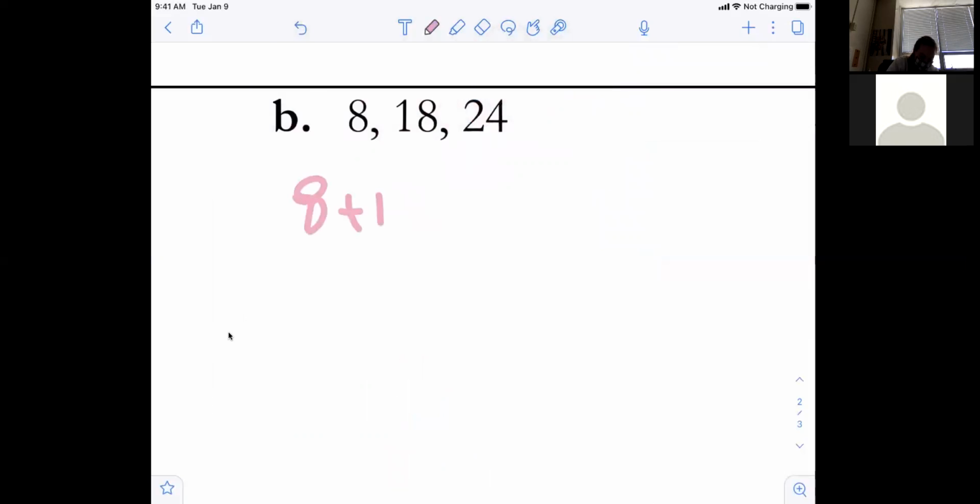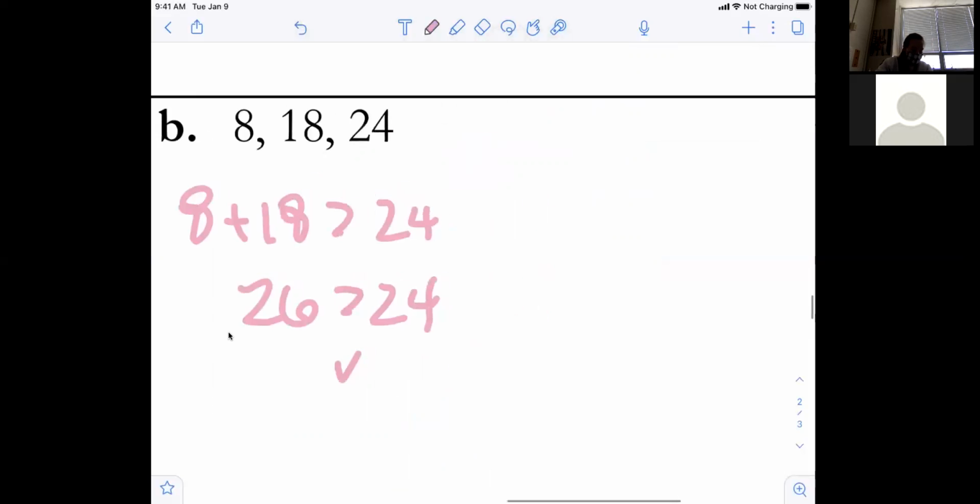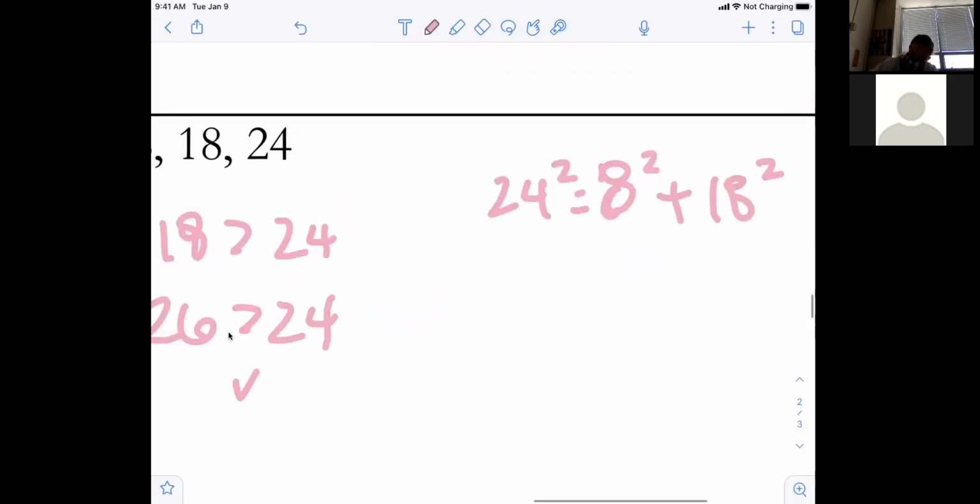8 plus 18 is greater than 24. That equals 26. Okay, 26 is greater than 24. That's real. Now I got to do 24 squared because that's the biggest one equals 8 squared plus 18 squared. 24 squared is 576. 8 squared is 64.